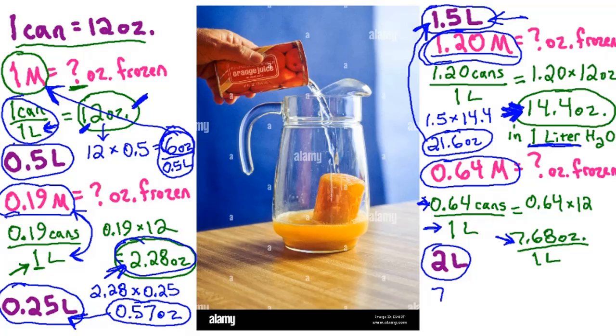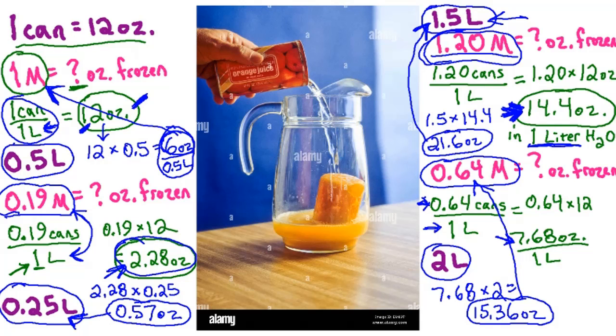So we take the 7.68 ounces per liter and we multiply it by the 2 liters that we made, and 7.68 times 2 is going to give us 15.36 ounces of frozen orange juice concentrate if we're making 2 liters at a 0.64 molarity, which is the concentration of the orange juice.